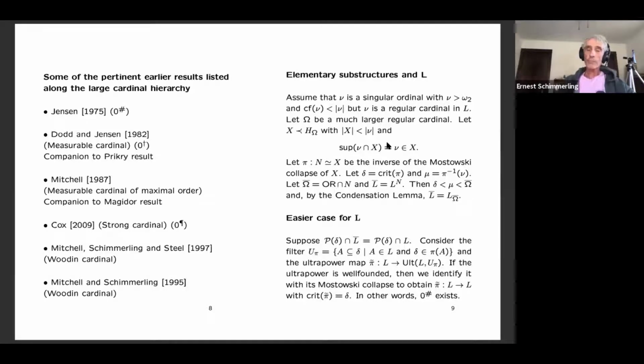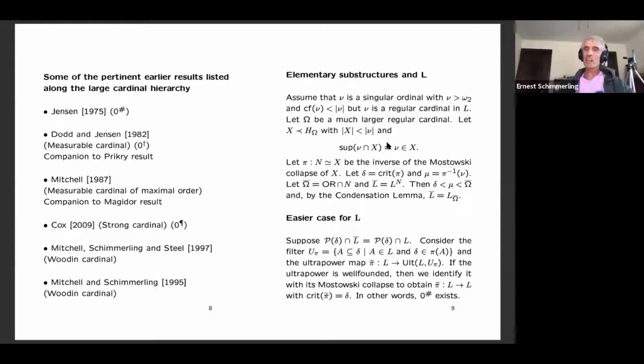Let capital omega be a much larger regular cardinal. It doesn't have to be that much larger; I think the cardinality of nu plus is enough. But anyway, it's up in the sky.